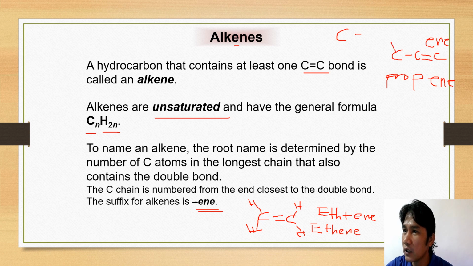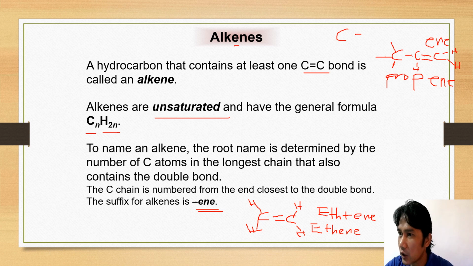Here there must be 3 hydrogens. Take note always that carbon must have 4 bonds. So if we put here 3 hydrogens, there will be 1, 2, 3, 4 bonds. Okay, this carbon in the middle has already 3 bonds, 1, 2, 3. That's why I can put 1 more hydrogen. And then on this carbon, there are already 2 bonds, so I can put 2 more hydrogens.